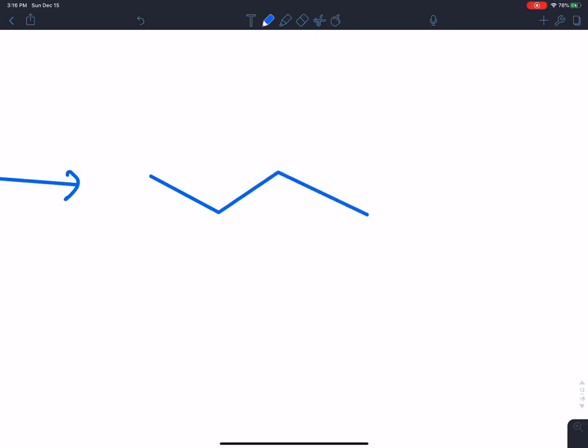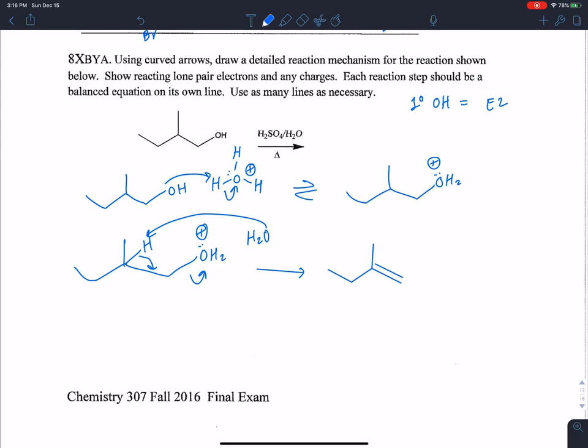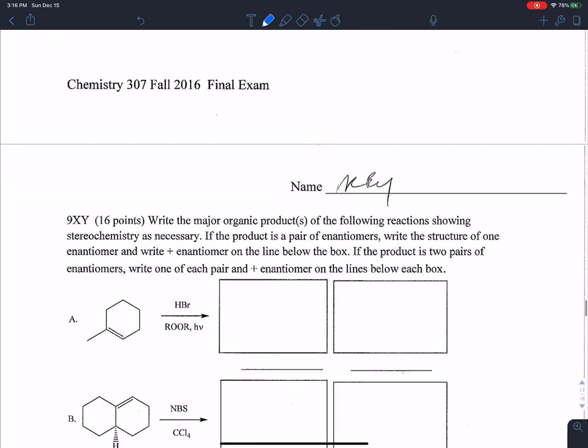Although I expect on the test, if they give you this, it'll probably be a secondary alcohol. So look out for any rearrangement. That was on the last exam. So this plus H3O plus. No, plus water also, because it left. There you go. Next question.